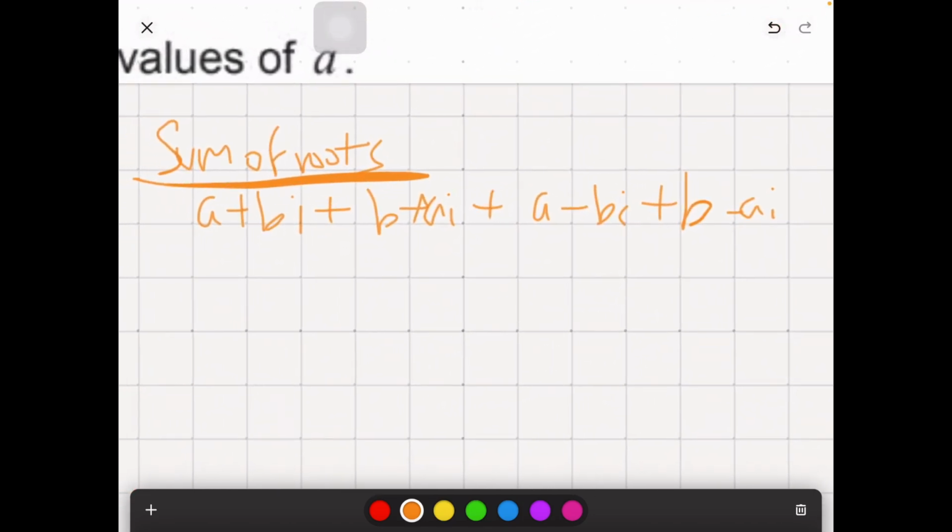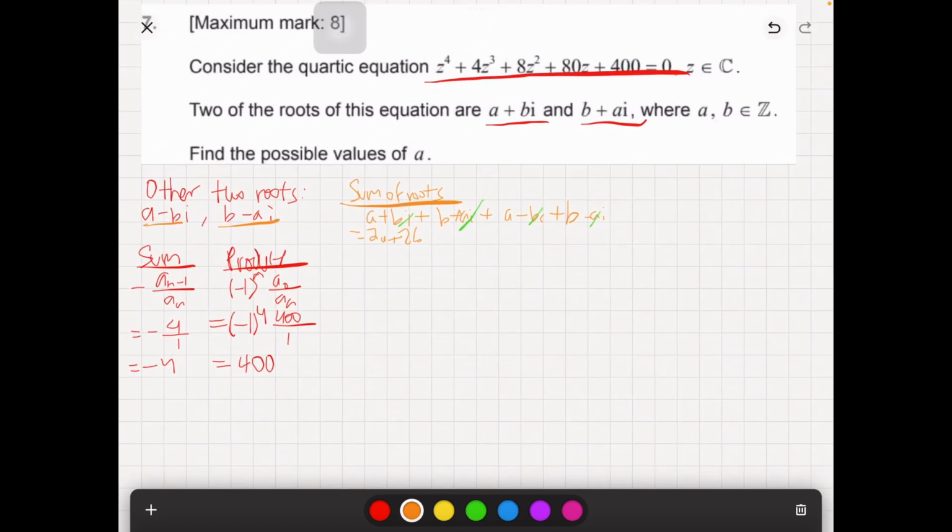If we look at this equation right here, we can see that these ai's cancel and these bi's cancel. So basically, all we're left with is 2a plus 2b. And now let's compute the product of the roots.